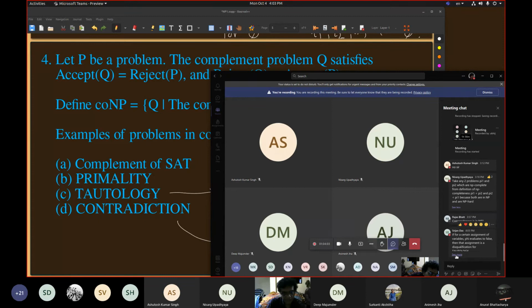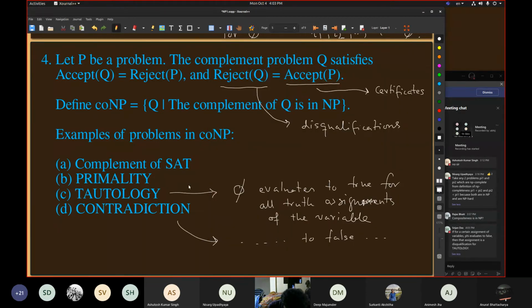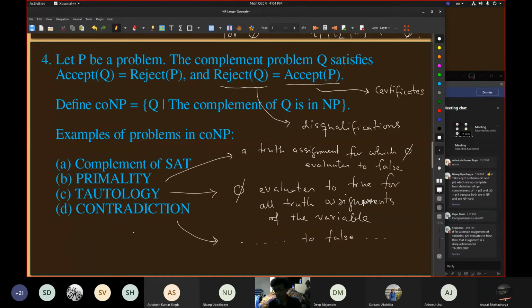So a disqualification is a truth assignment for which the formula evaluates to false. Likewise, for contradiction, give a truth assignment for which the formula evaluates to true.